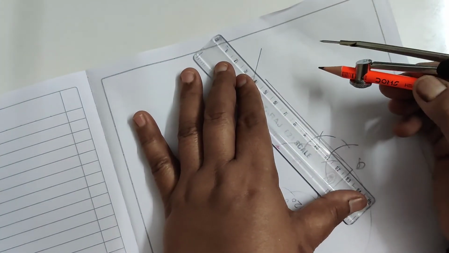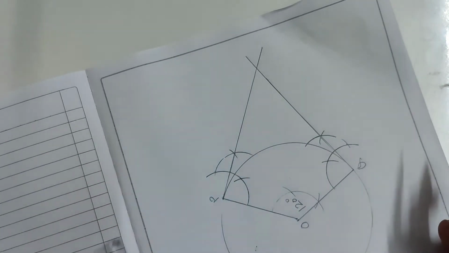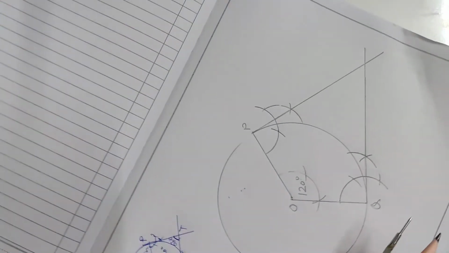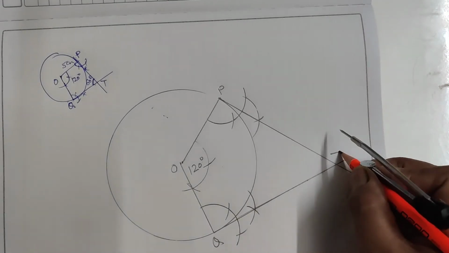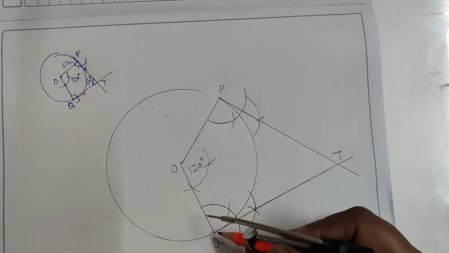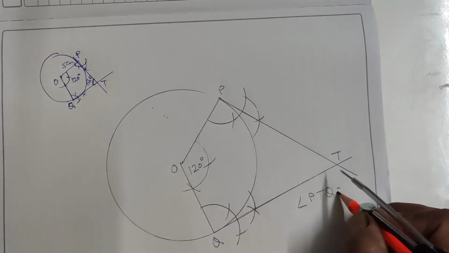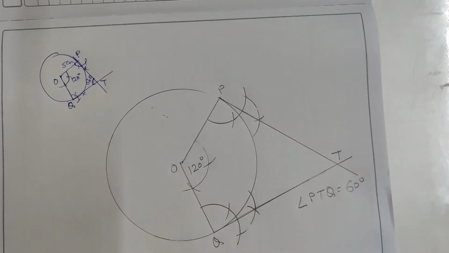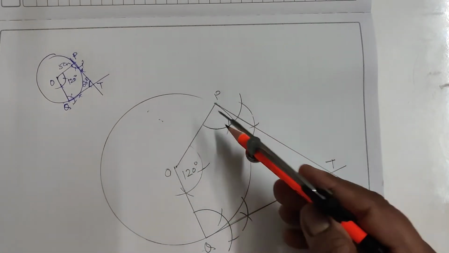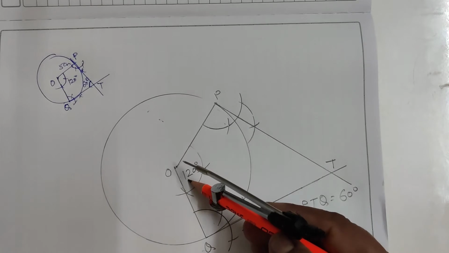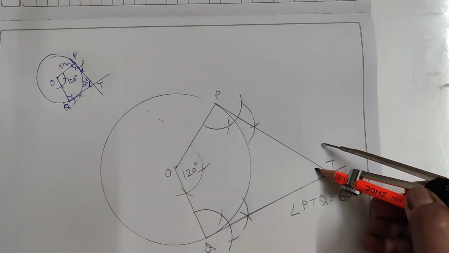These two tangents intersect each other at the point T. So PT and QT, angle PTQ equals 60 degree, because POQT is a quadrilateral, angle P 90, angle Q 90, and this angle is 120 degree. Therefore angle T equals 60 degree.